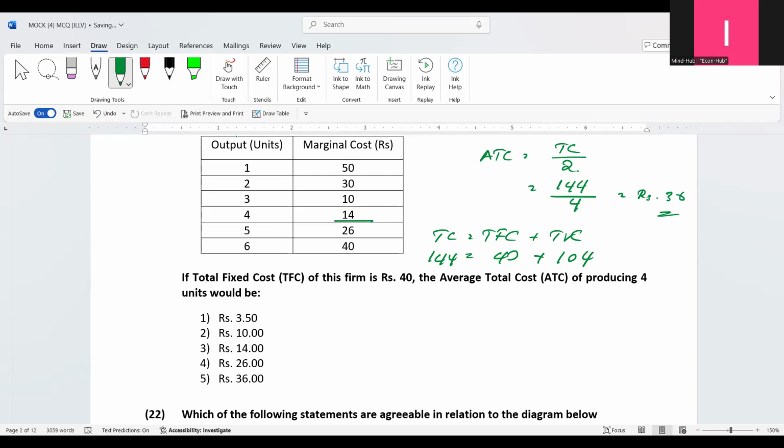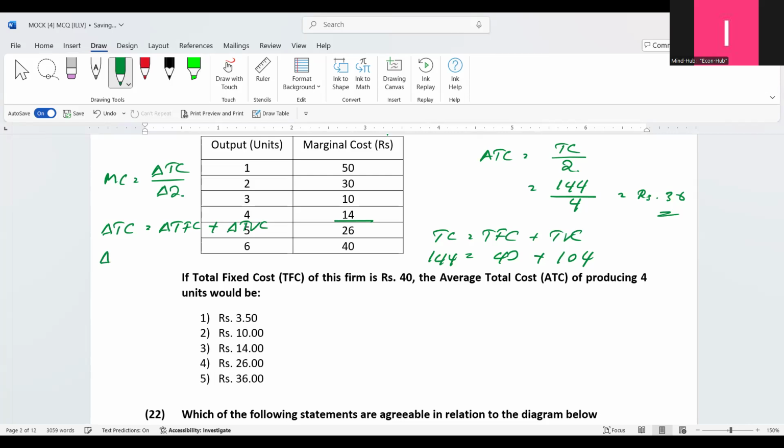If I am to quickly remind you, MC is change in TC divided by change in Q. Change in TC can only happen if there is a change in TFC or change in TVC.